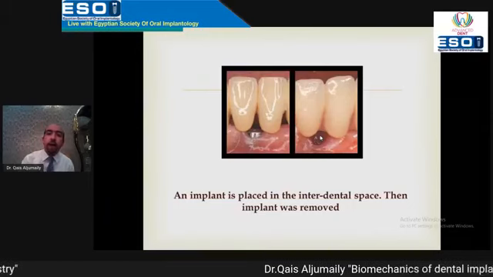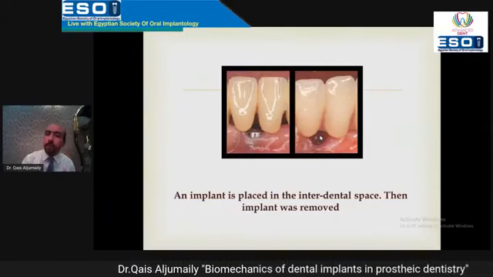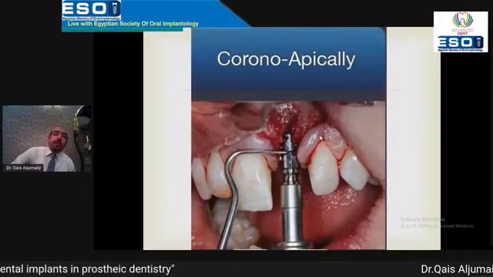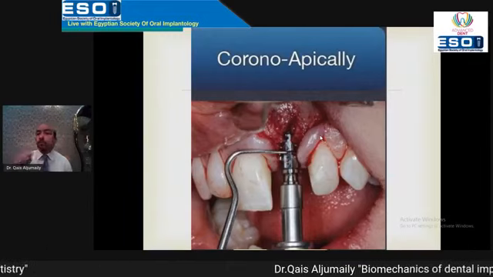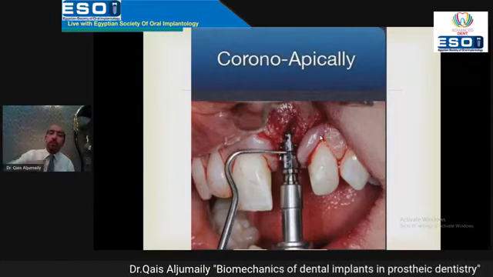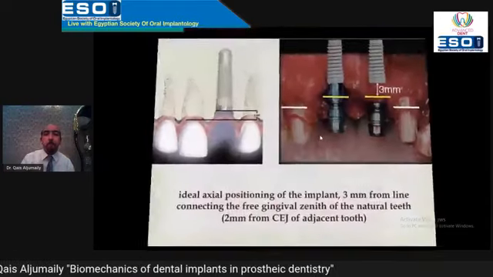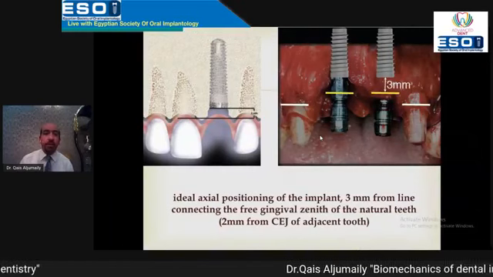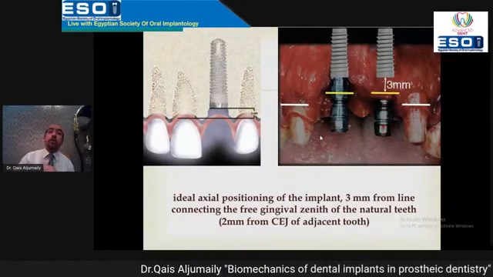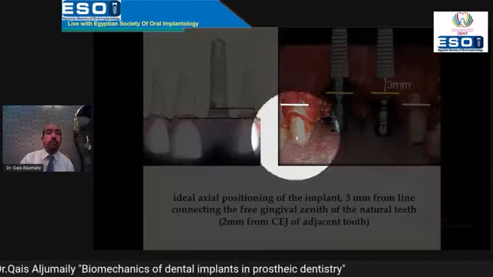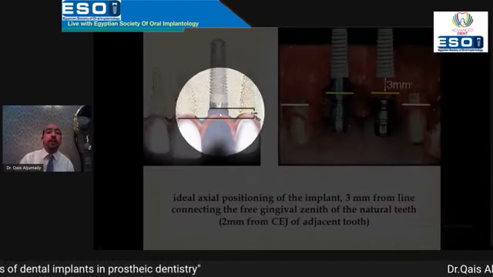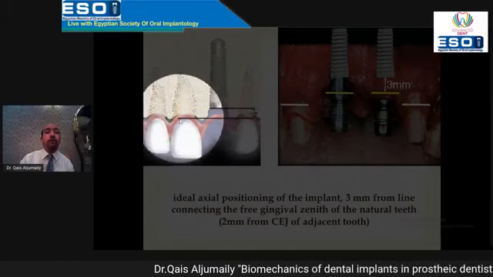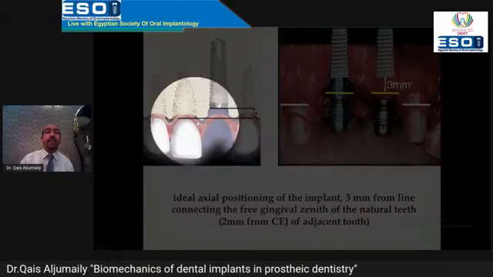So from the beginning we have to think about our prosthesis. The other dimension, as I said, is the coronoapical, the vertical placement of our implant. So here the rule says the head of the dental implant must be about 3 millimeters from the line that connects the adjacent zeniths.